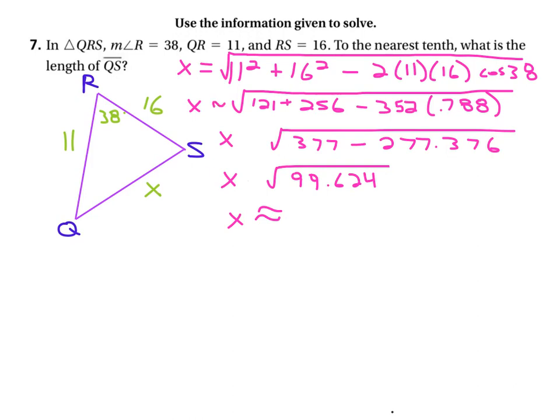So I should say here, when I rounded off cosine of 38 to 0.788, that's when I started getting approximate values. Okay, approximately equal to, and then I'll do the square root of that number. Square root of that equals 9.98.